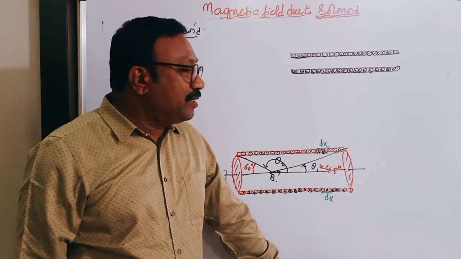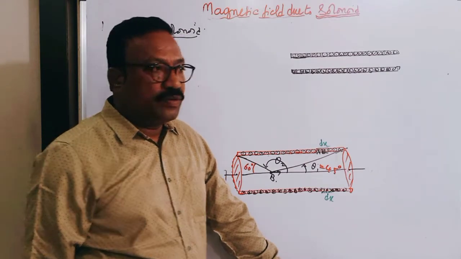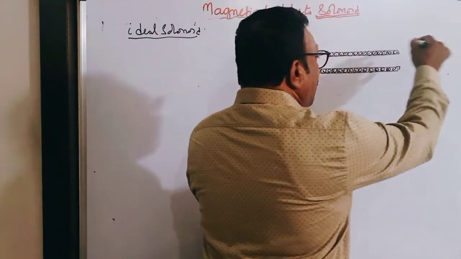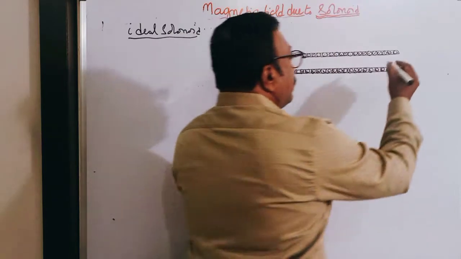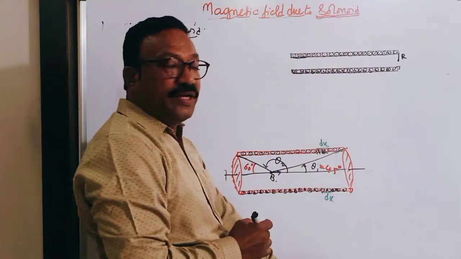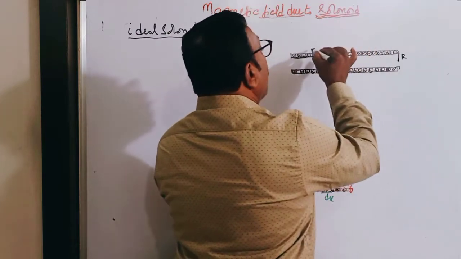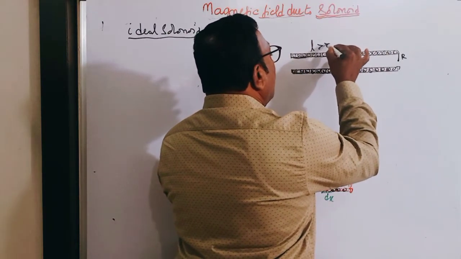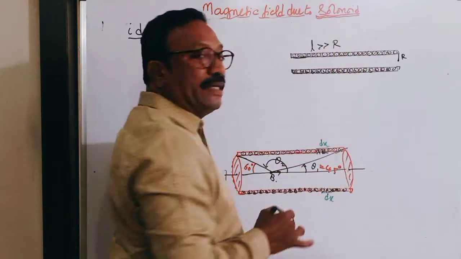An ideal solenoid is one where, this is the length of the solenoid and this is the radius of the solenoid. The length must be large compared to the radius.